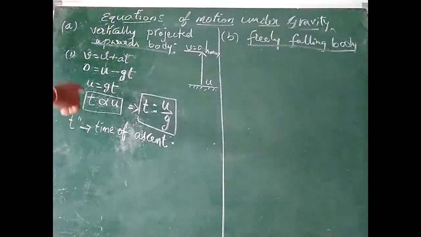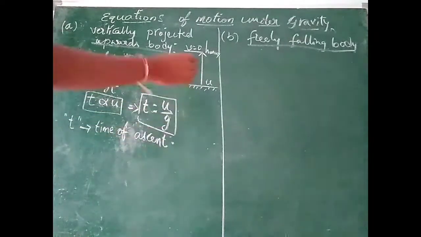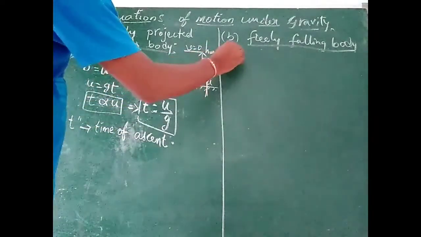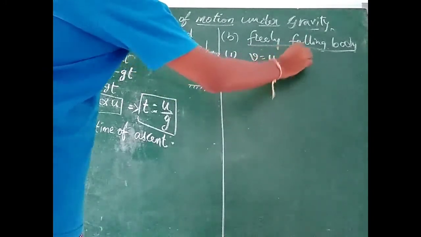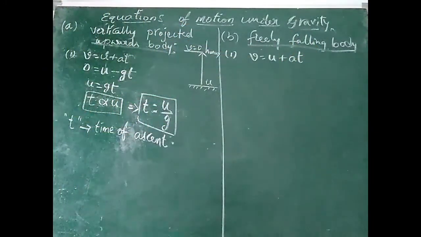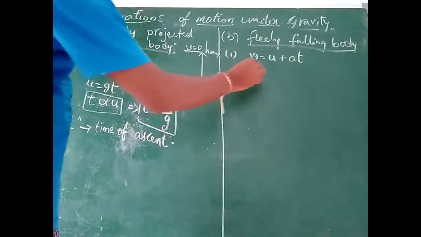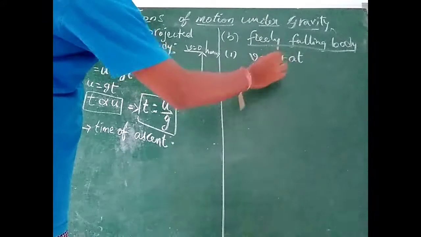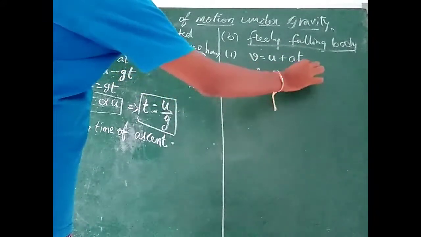And also in this case, initial velocity is equal to gravity into time taken. You can find it directly. Let's check in this case. First equation of motion, v is equal to u plus at. So for a freely falling body, v is equal to initial velocity 0 plus a becomes g t.